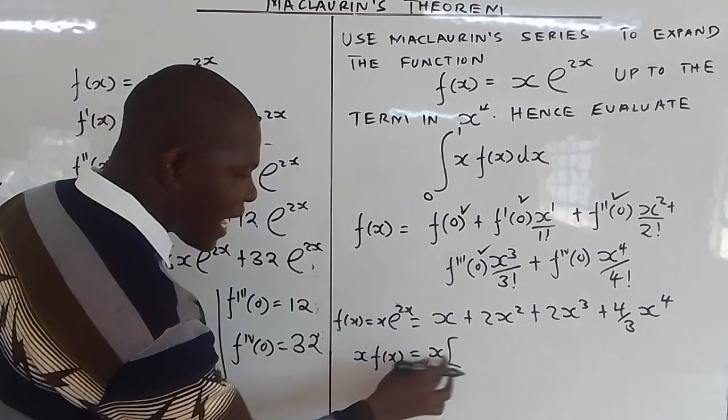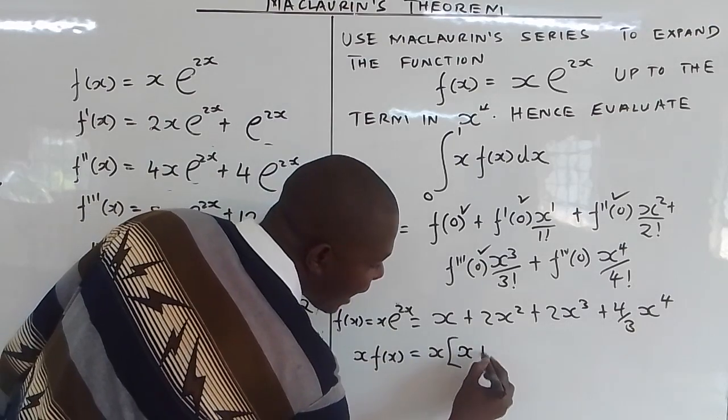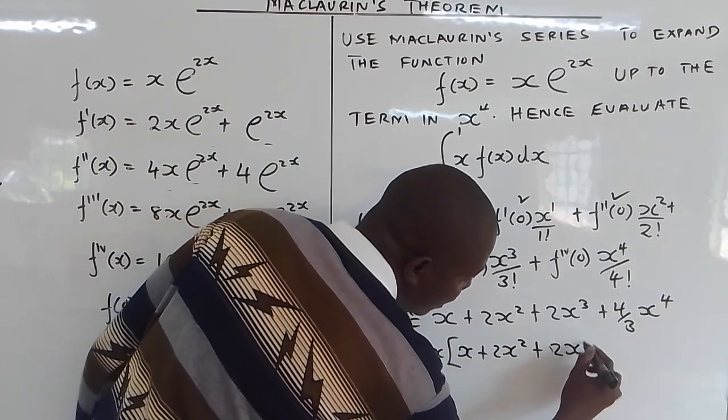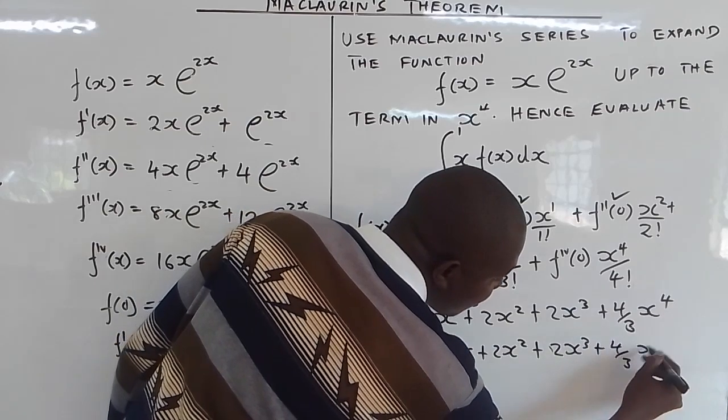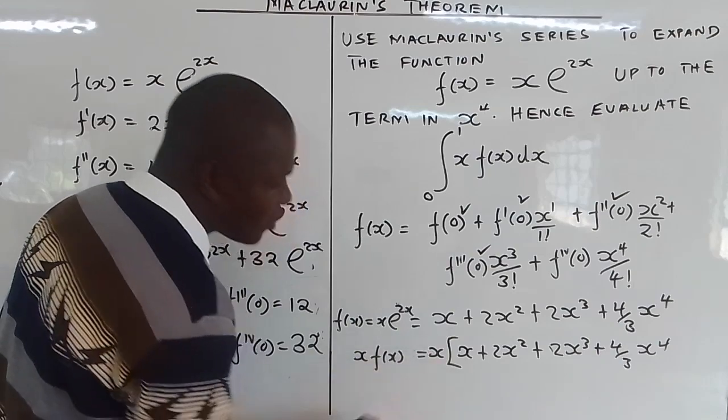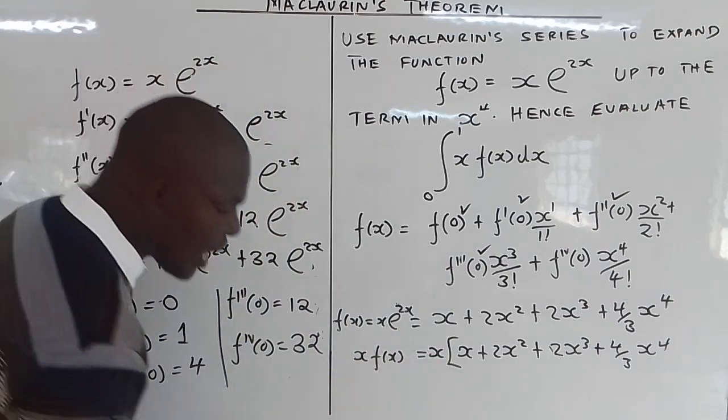So can you multiply x with the function, which is x plus 2x squared plus 2x cubed plus 4 over 3 x to power 4? Are we together there? So what do you get?